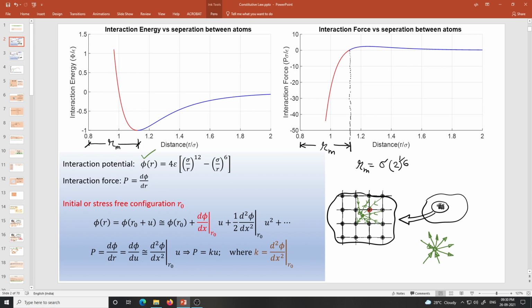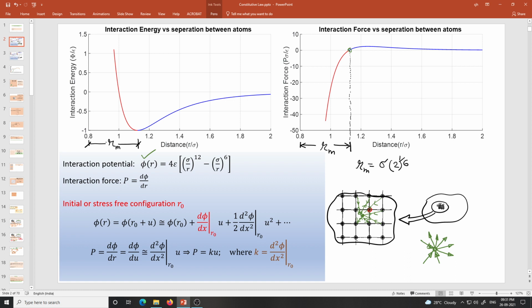Now if we plot this interaction potential versus this distance, we are going to have this kind of curve. One part is red color, another part is blue color. The red color zone is where you get the repulsive force, and in the blue color zone you are going to get the attractive force, and the equilibrium position can be identified here.